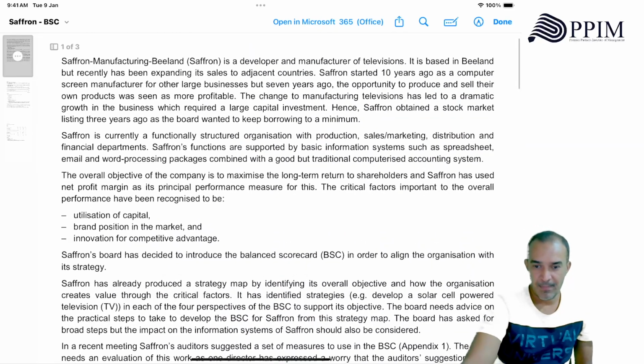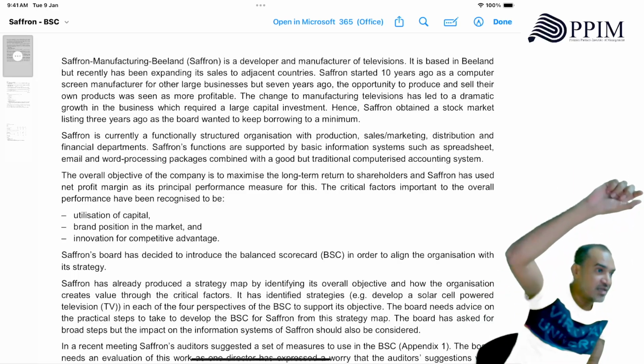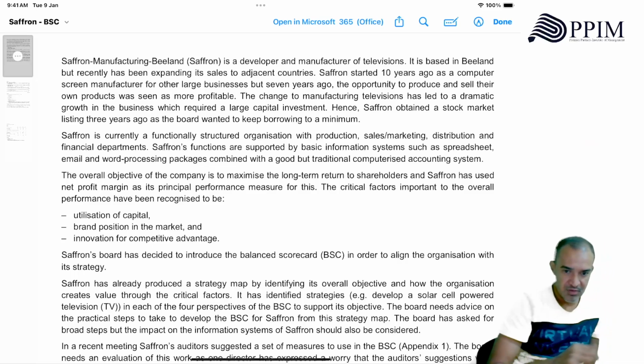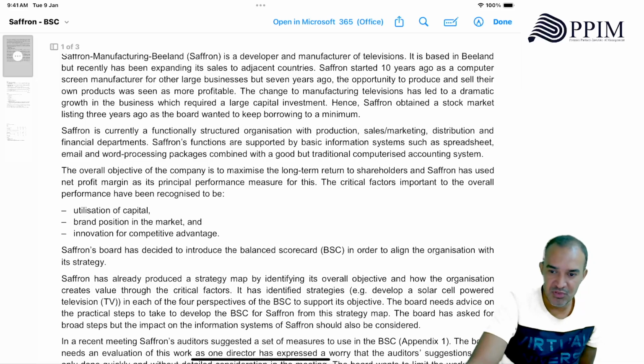Now you see, this is the thing. We can't look at the KPIs in isolation. We have to look at them in terms of the critical success factors. The overall objective of the company is to maximize the long-term return to shareholders, and S has used NP margin as its principal performance measure.